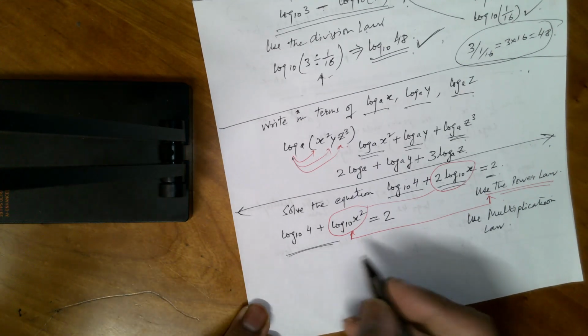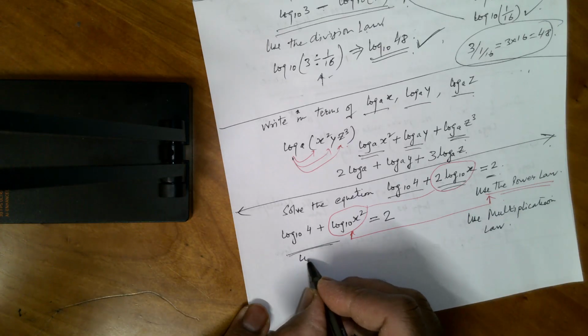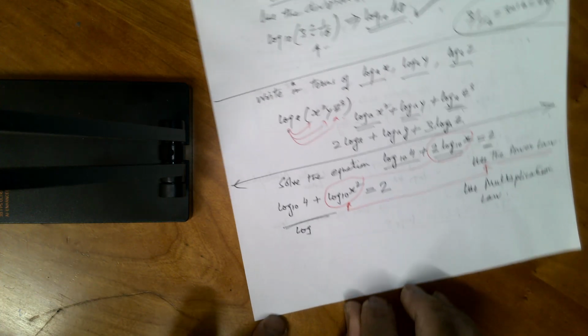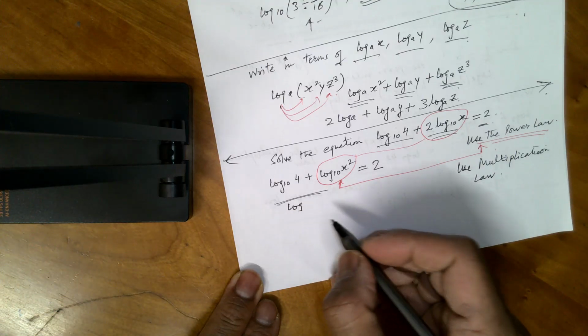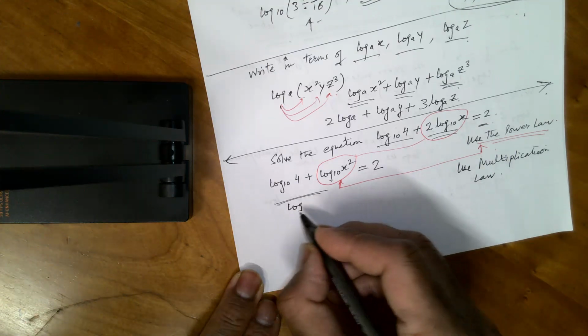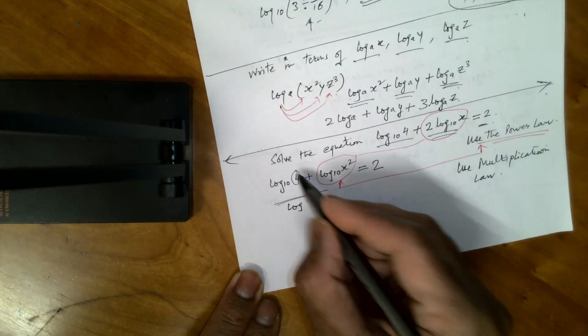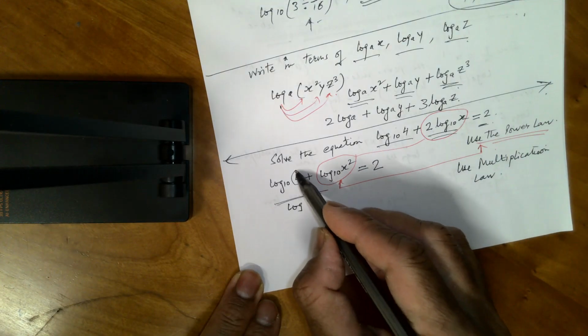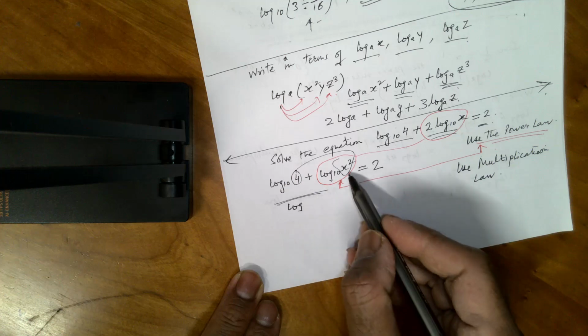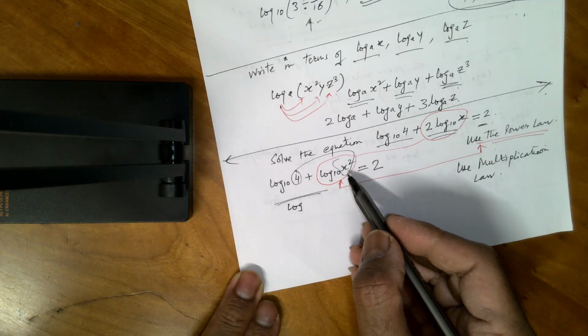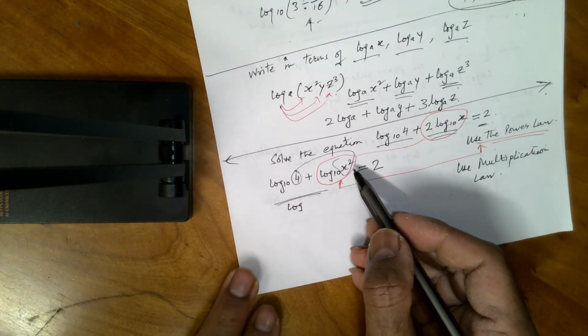So let's do this. Log, we will use 4 and your x square here.